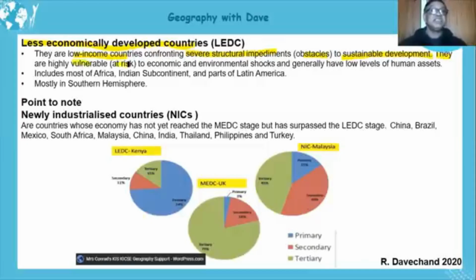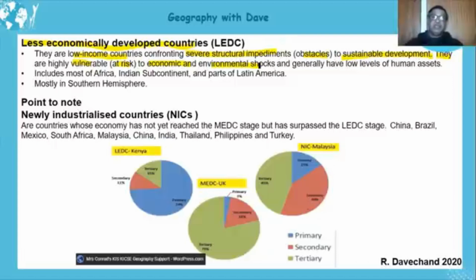So they are highly vulnerable. They're at risk to economic and environmental shocks. In terms of a world economic recession, who gets worse hit is the LEDCs, because they don't have that capital backup. When COVID hit, you found people unemployed, and America could send off trillions of dollars to support the people, but many LEDC countries can't.